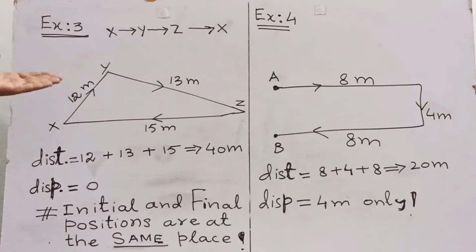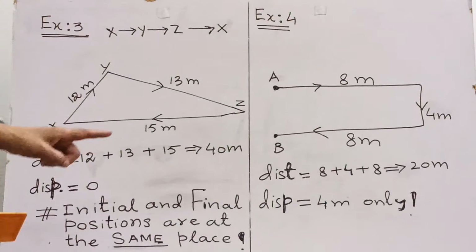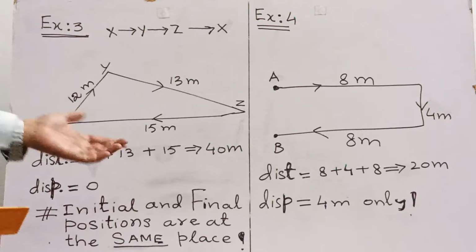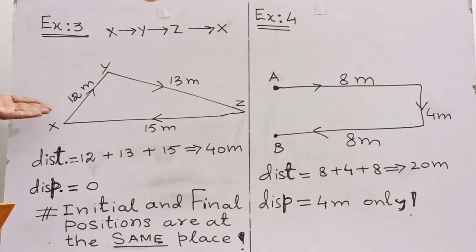Now let's calculate the displacement. So for the displacement, just remember the definition of displacement, which is defined as the shortest or straight line distance measured from initial to the final position. So when we measure the distance from the initial and the final position, we see that the initial and the final position are the same, at the same point.